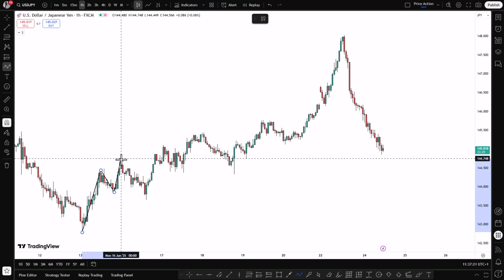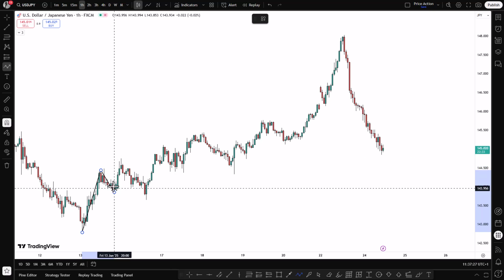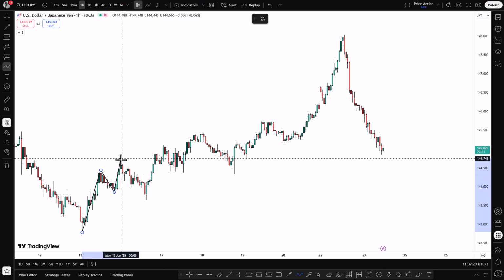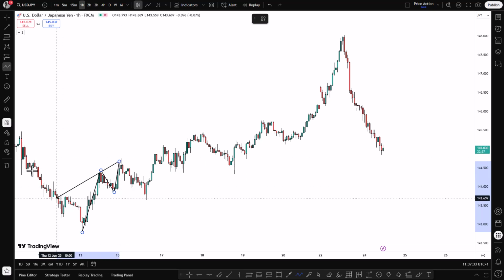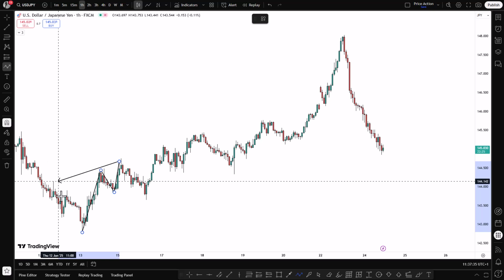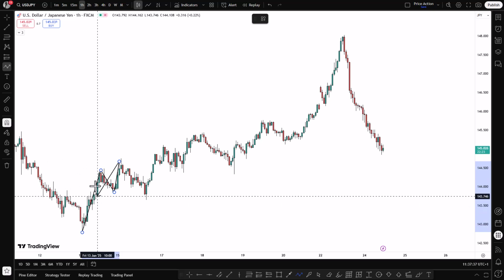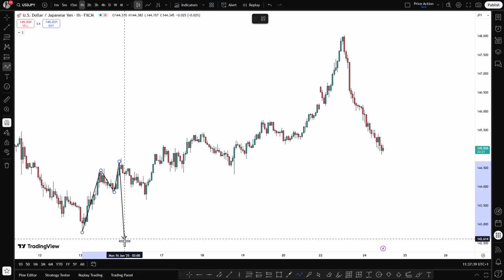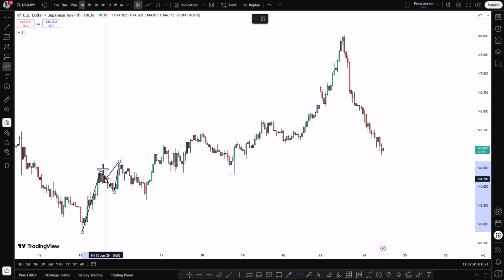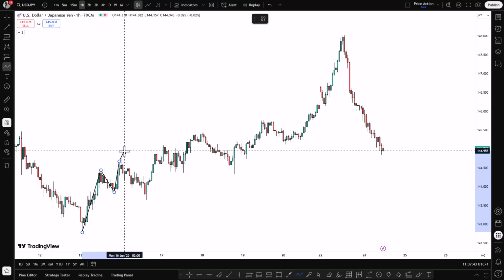But when it formed this low, it went up and broke above this high, so technically this is a higher high. Now, you can see that we went from forming lower lows and lower highs to price struggling to form lower lows, and starting to break above highs to form higher highs.